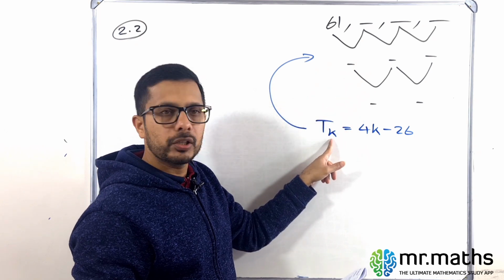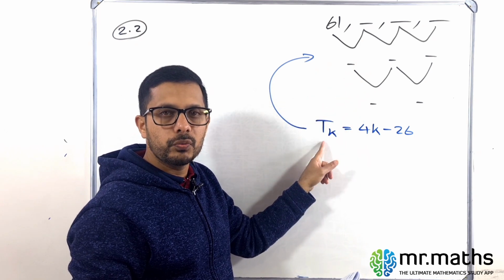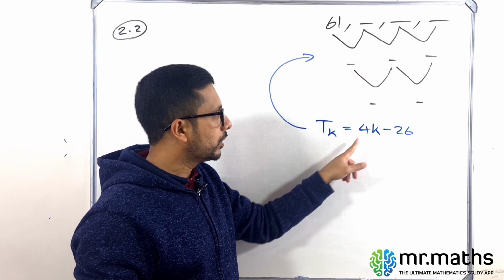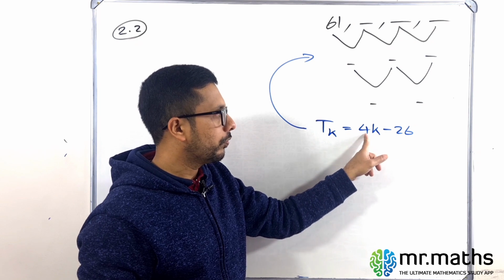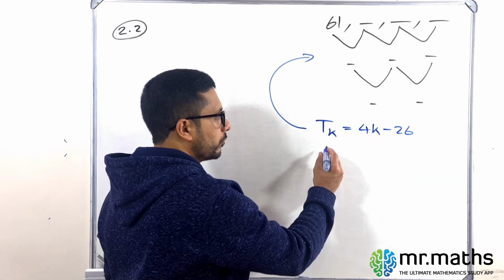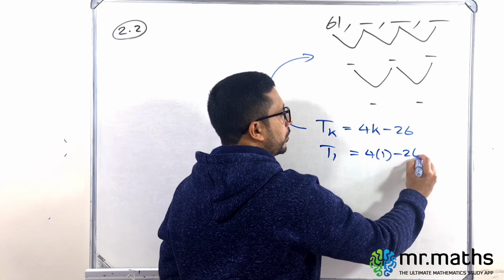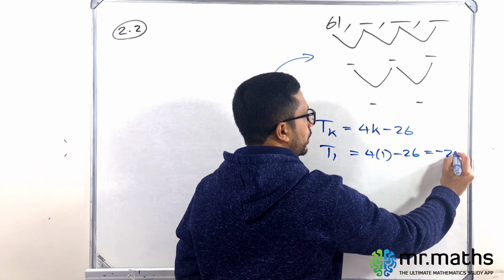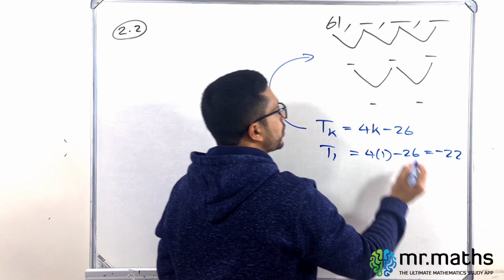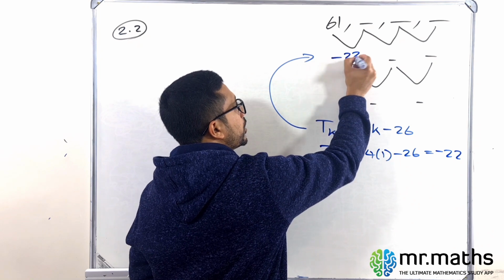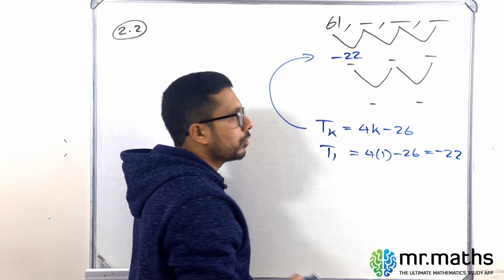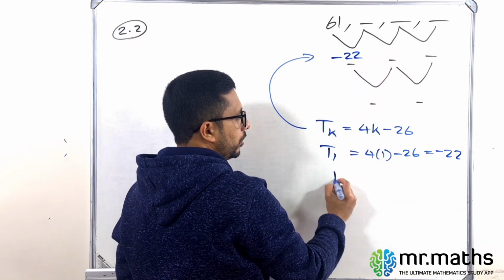I have to substitute the value of k as 1, to get t1. So it is 4 into 1, 4 minus 26, so it is minus 22. So here the first term of the differences is minus 22. To find the second term, what must I do?